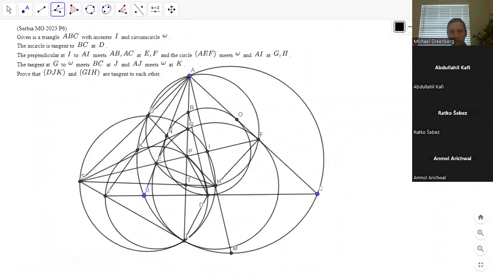So we want to show that BC bisects angle PDL. I wonder if this quadrilateral is harmonic. So let's check it the other way. I don't think it is. No.